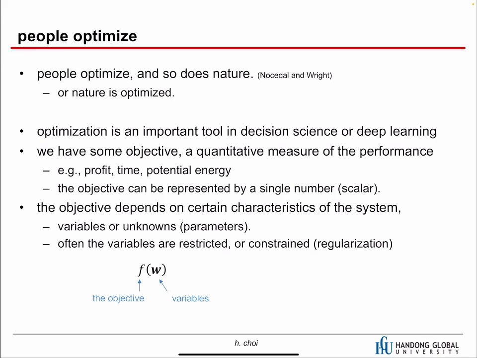Or sometimes when we develop some system, the time is the crucial factor. So then we can minimize the consuming time there. So we can come up with a very different objective function. The objective can be represented by a single number or scalar. In our lives, usually we have many different types of objective values.